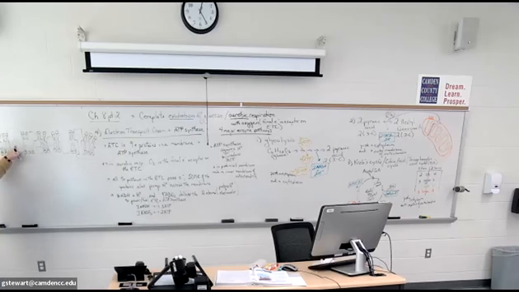The first molecule on the electron transport chain, not that this is important for you to remember, but just as an FYI, is an enzyme called NADH dehydrogenase. It's an enzyme that removes hydrogens from NAD.